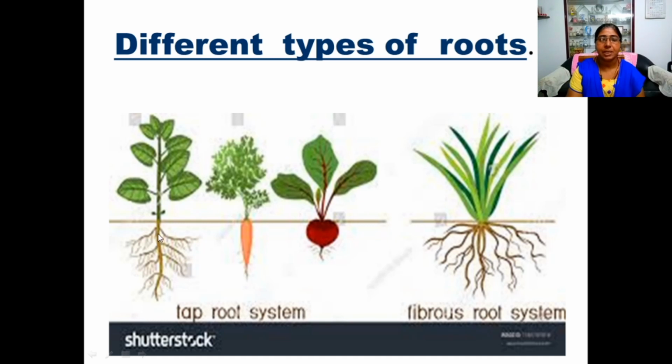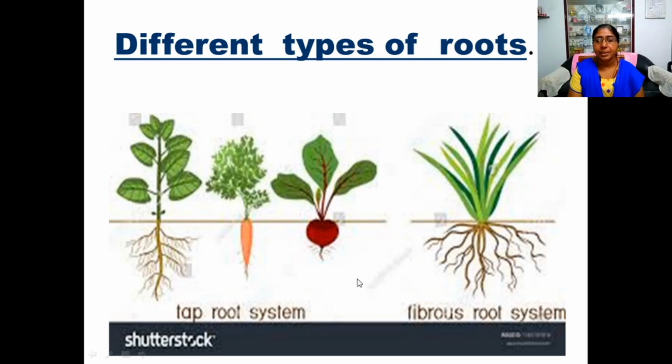First one is Tulsi plant. Here you can see the long main root grow downward and there are small other roots arising either side of the main root. Same way you can see here carrot and beetroot also this kind of root.